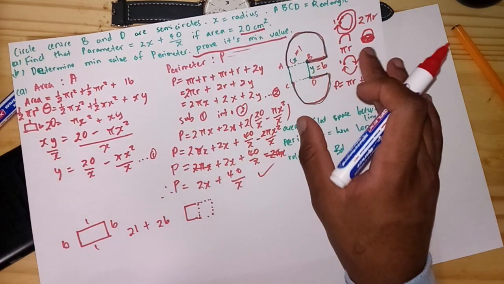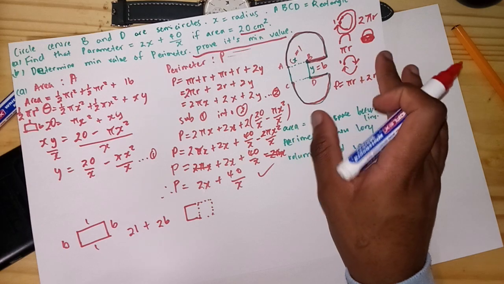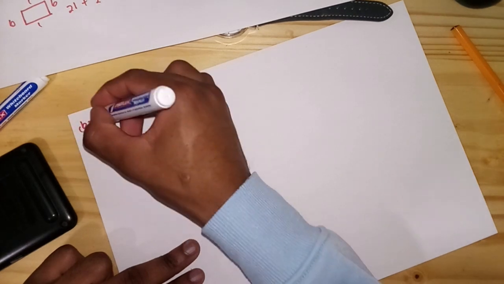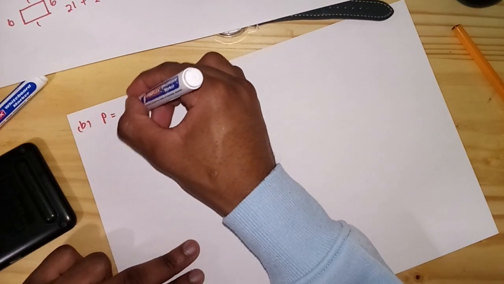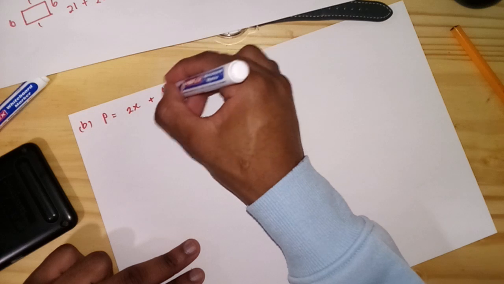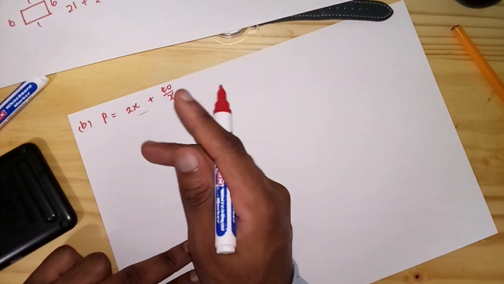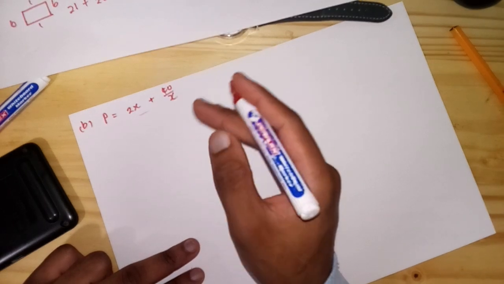It's one thing that I found confusing in my prior years, but we're going to explain it in great detail over here. So, question B, it wants me to find the minimum value of this particular expression and henceforth determine that this is actually the minimum value.